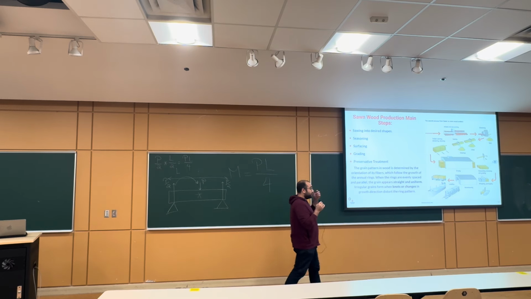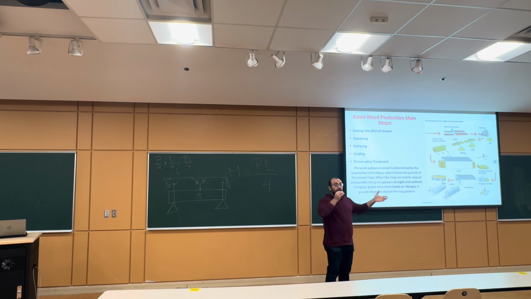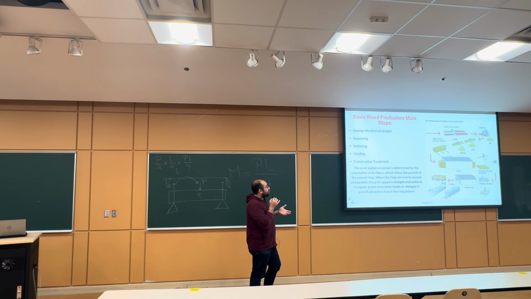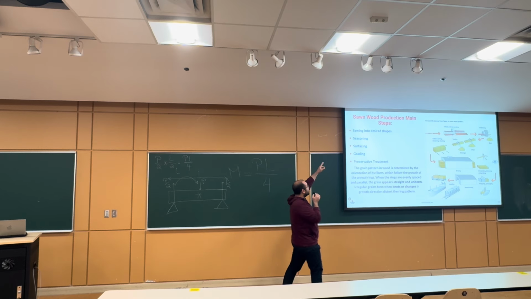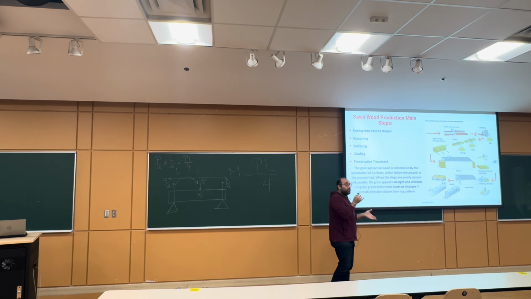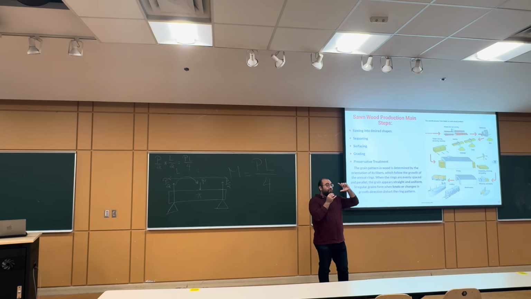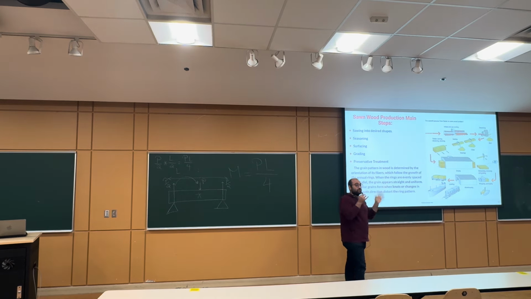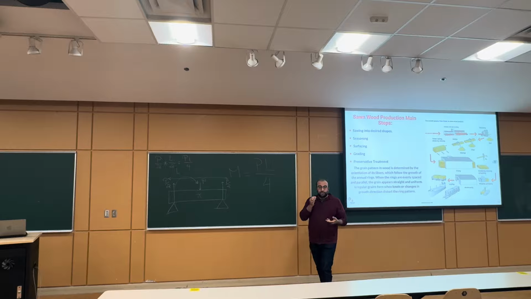So first we start with logging, and we have huge logs, or the trunks of the trees. Those logs are actually sawed into the desired shape. So sawing is the first process, where we have bigger cross sections than the normal ones, and they could be used directly in the construction procedure.